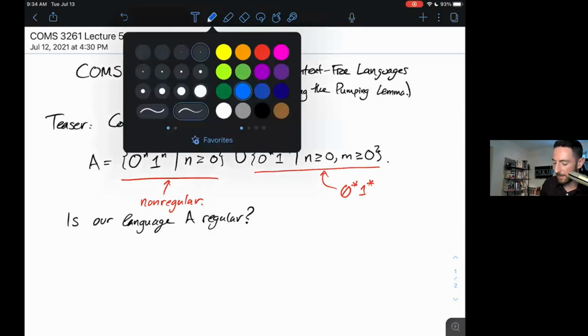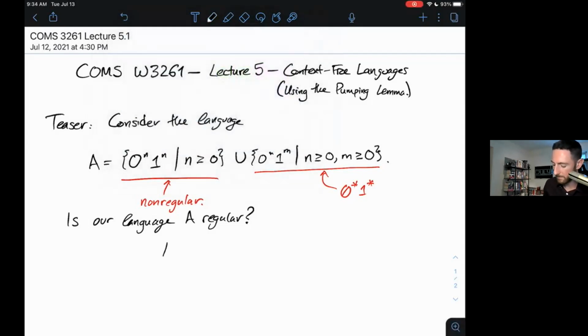So we can simplify and realize, well, wait, our language A is just equal to our second language in the union because the first language is a subset of the second, which is described by a regular expression.